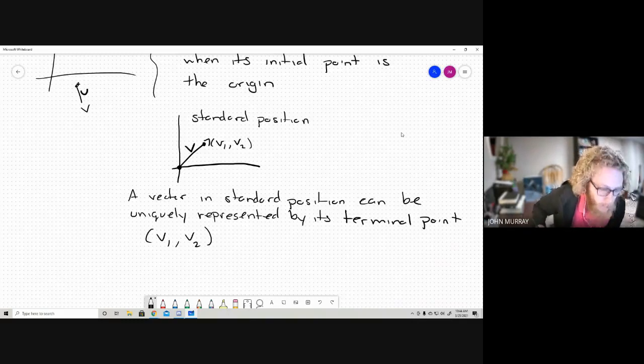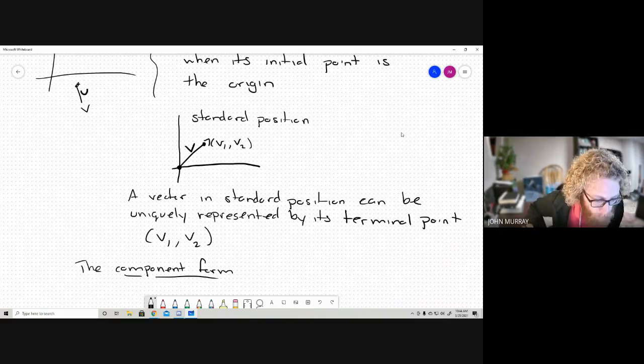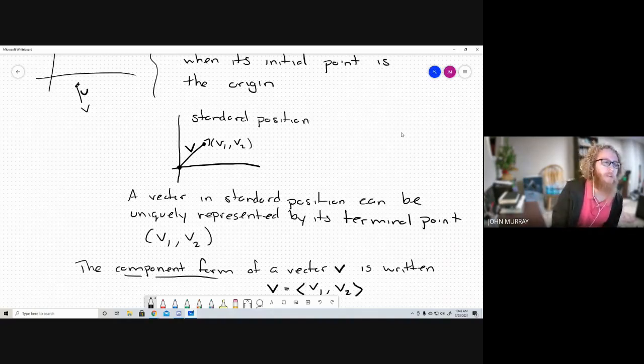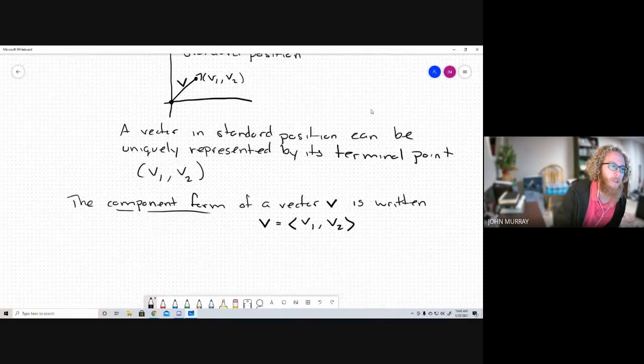Okay, so then we have something called the component form. When we have it in vector form, we represent it a little differently.